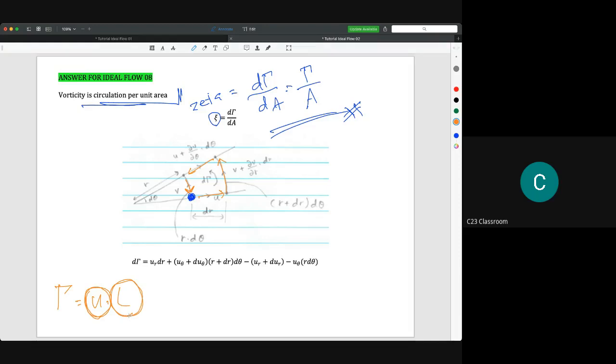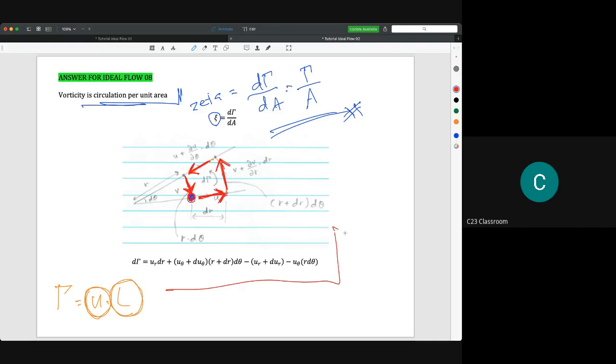So if you have a molecule here, you need to know the velocity and the distance it has traveled on this path. You also need to know the distance here, here, and here. Okay, and then we could write like this.